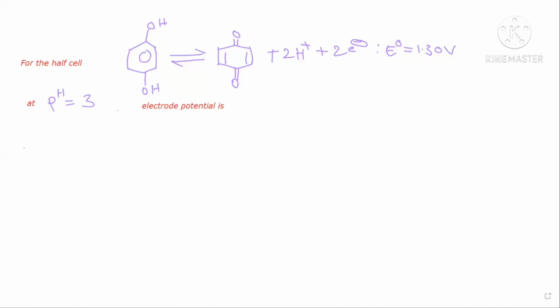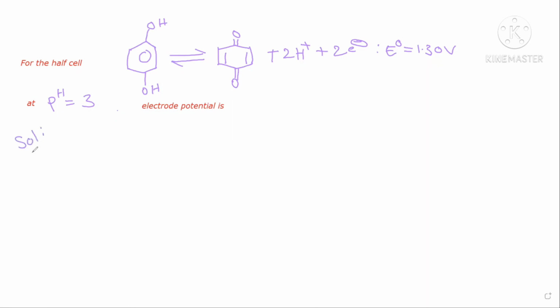Now one more problem is there for the half cell reaction. E naught is equal to 1.30 volts and pH is equal to 3. Then the electrode potential is? This is another model on Nernst equation.